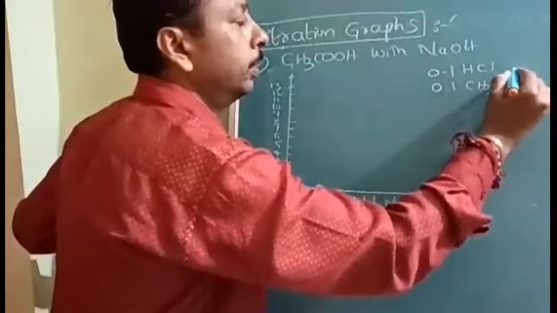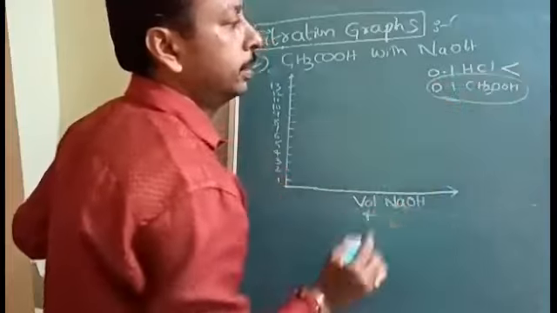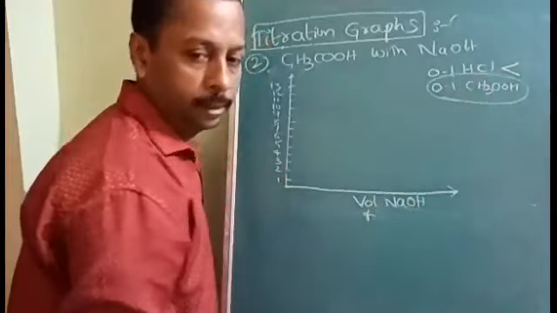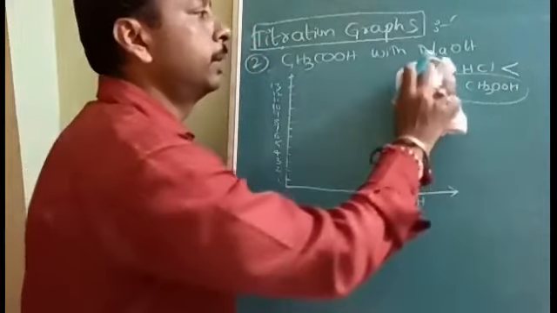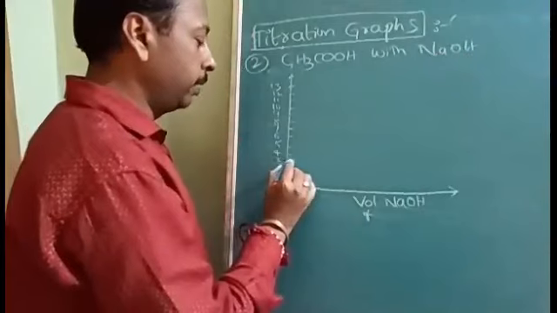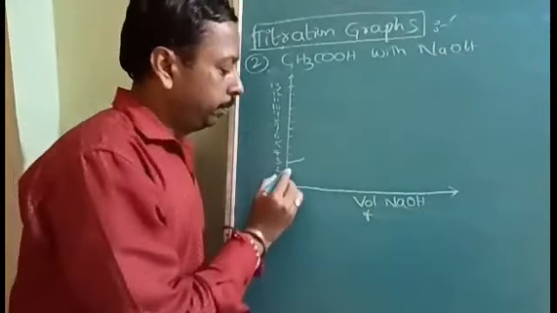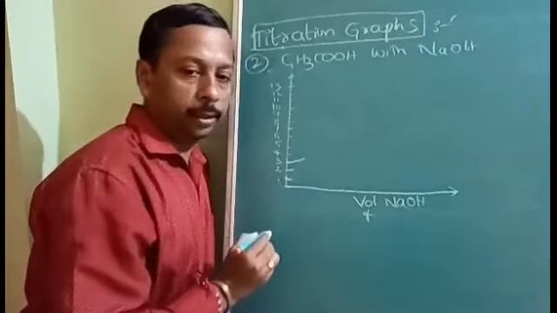Then the pH of HCl will be less than acetic acid, because the stronger the acid, the lower the pH. Is it understood? There we started from the bottom, but here we will start from the top. Why? Because that was a strong acid, for the same concentration I am talking about.